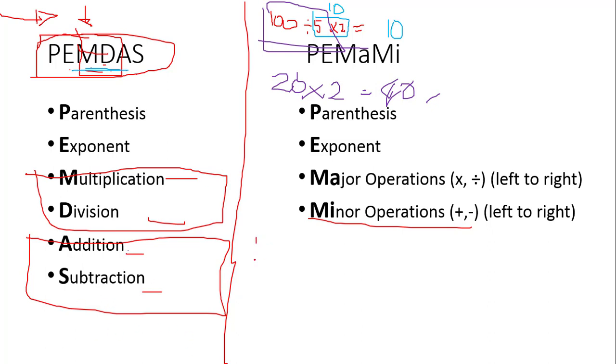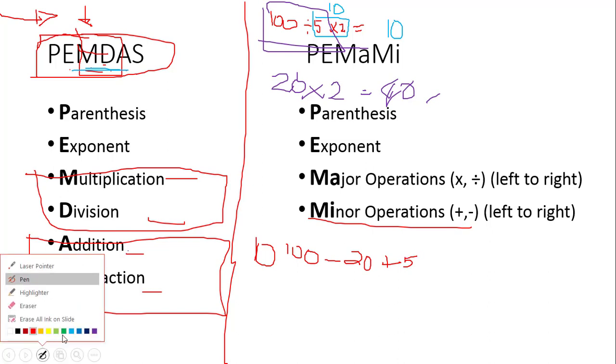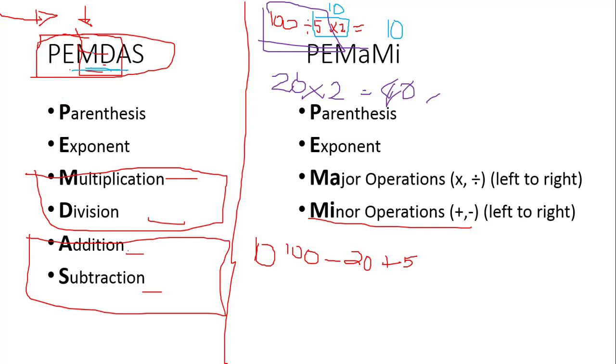Say, for example, we have, again, 100 minus 20 plus 5. Ayan. So, unahin muna natin to.